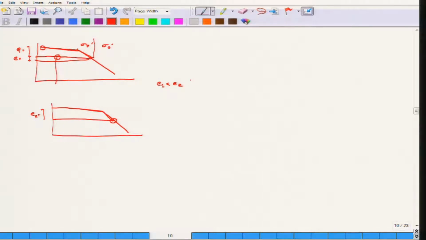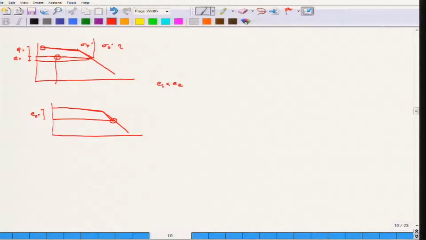So, if you go to the pre-consolidation pressure and then revert back to a position that is less than the pre-consolidation pressure, it is obvious that since the soil has been subjected to a stress history that is greater than the present stress, which is an example of an over-consolidated soil, the void ratio in the first case will be much less than the void ratio in the second case.